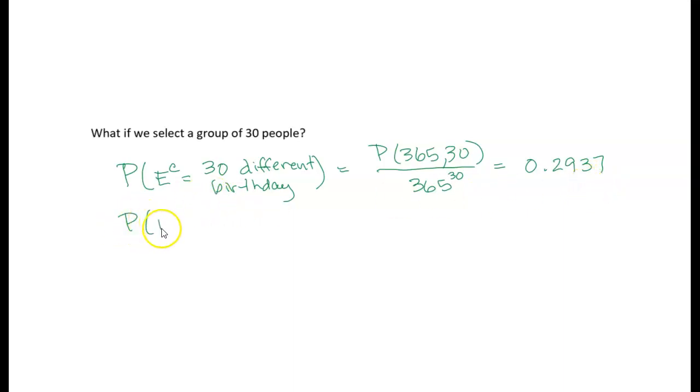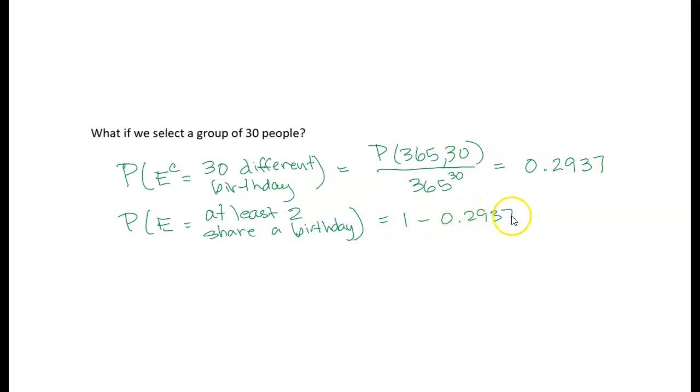So what I want, though, is the probability that at least 2 of them share a birthday. At least 2 share a birthday, or one pair of people. So we're just going to take 1 minus that, because it's the opposite.